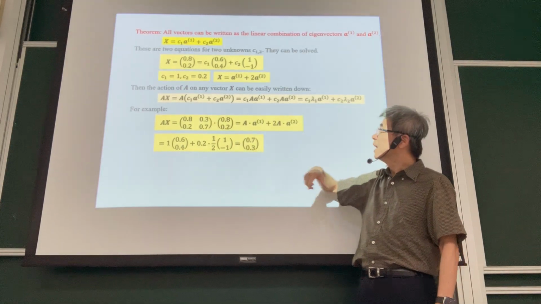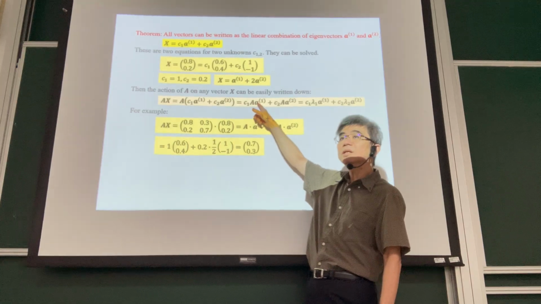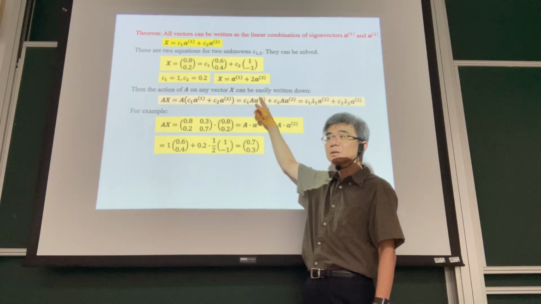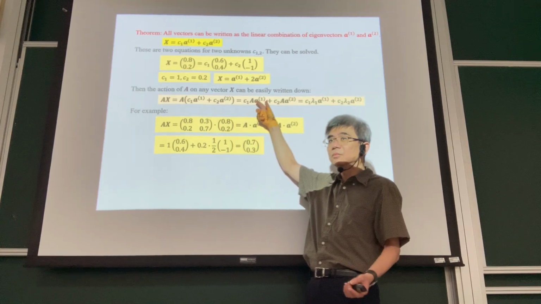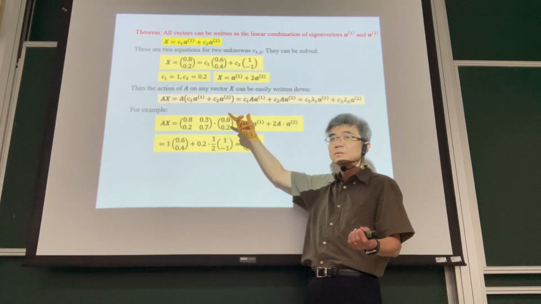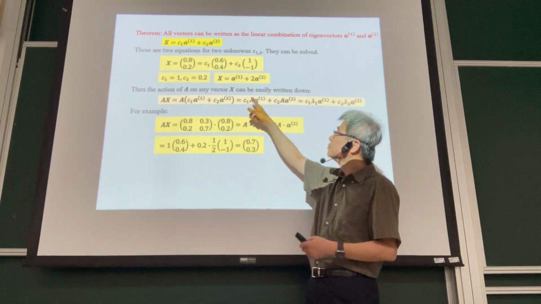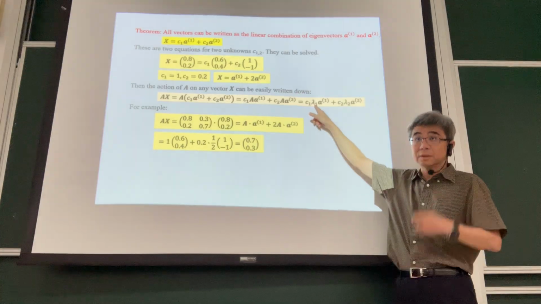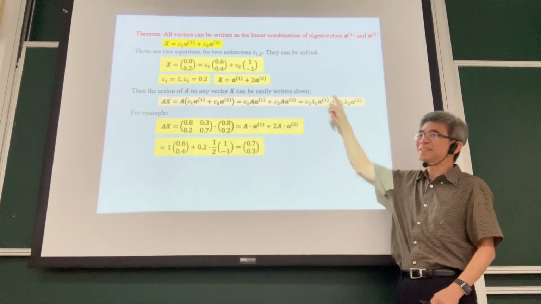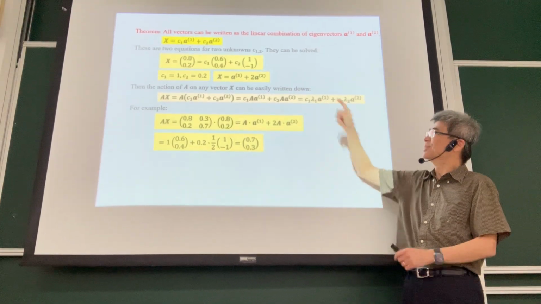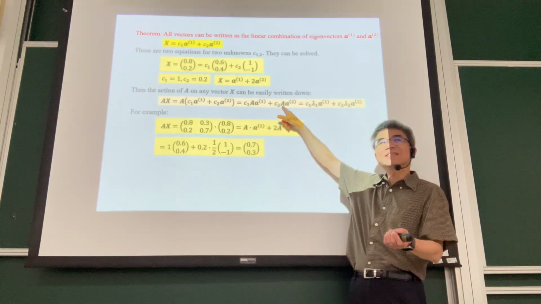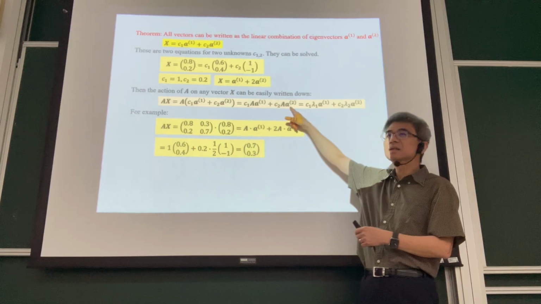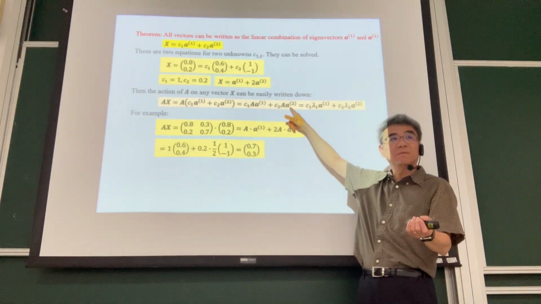Right? And then when A meets A1, I usually say it's a frog meeting the princess. When the frog meets the princess, it becomes a prince. So when the matrix A meets its eigenvector, it becomes lambda 1. It's a number. It becomes a prince. And on the other term, this matrix meets A2, its eigenvector.